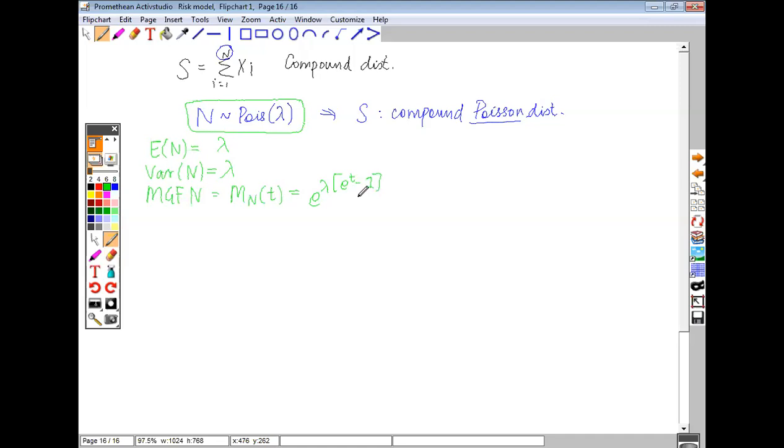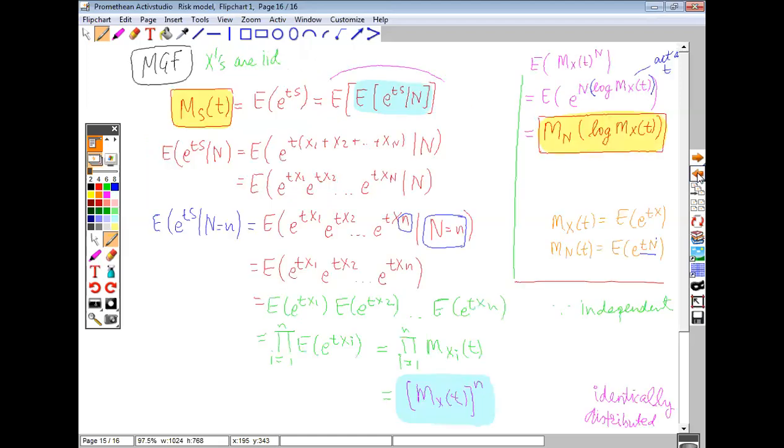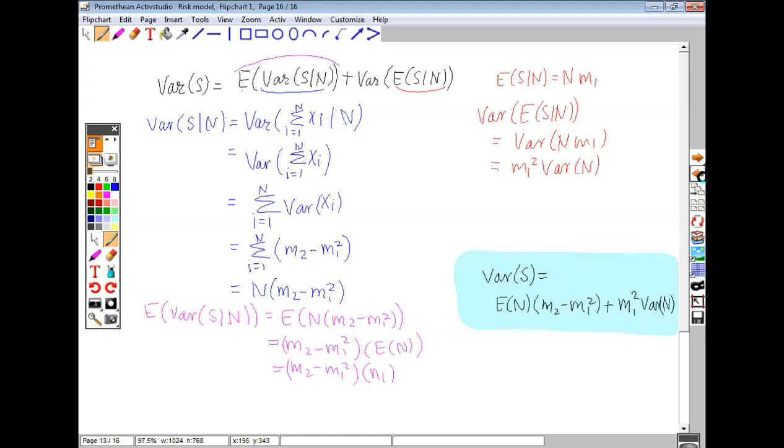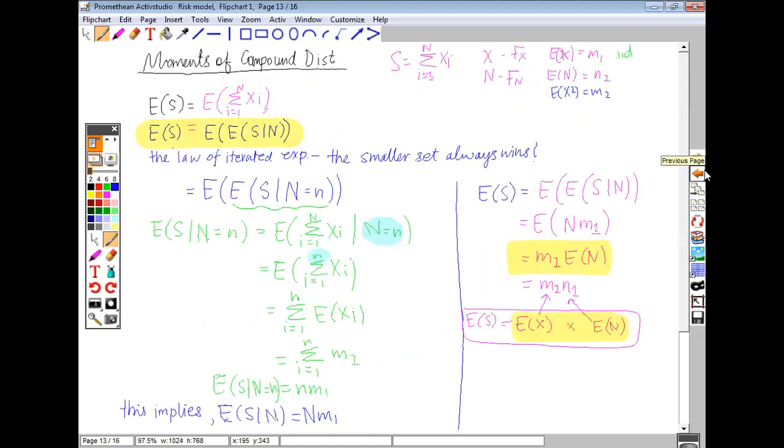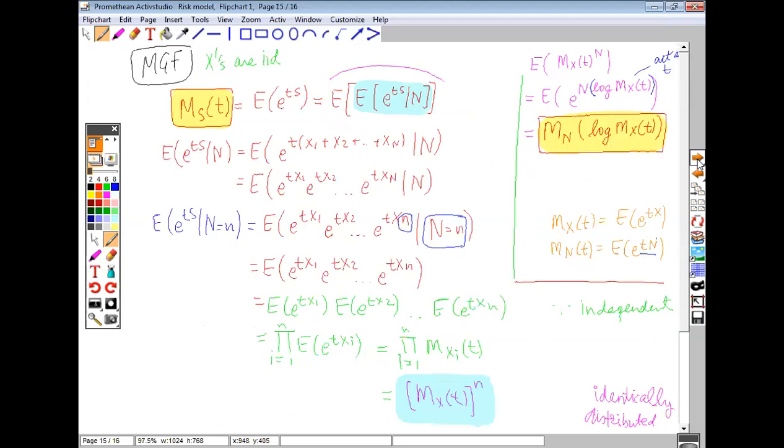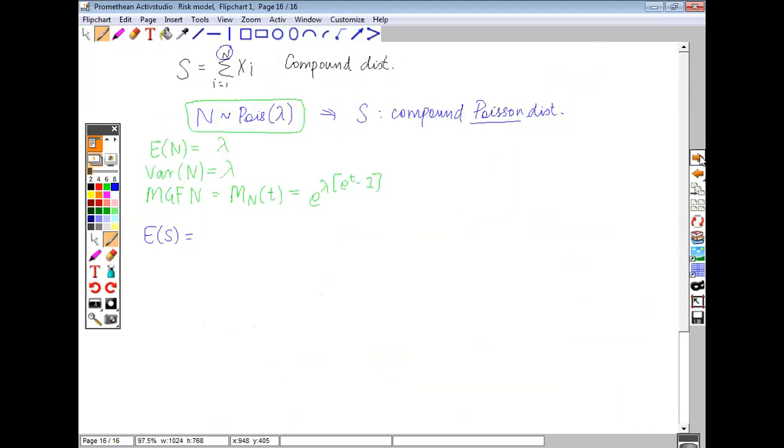Now I have to derive some things about my S. Let us write the expectation of S. We do not remember the formula, so we'll go and have a look. My expectation of S is the expectation of X times the expectation of N. Remember, we're defining only N here.